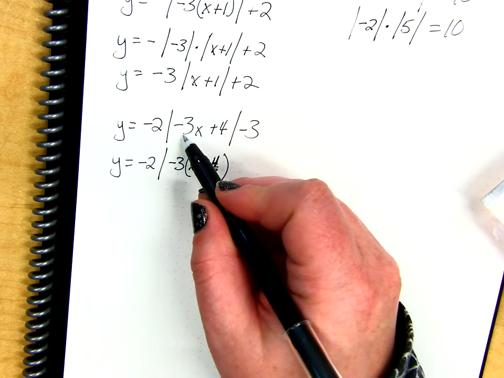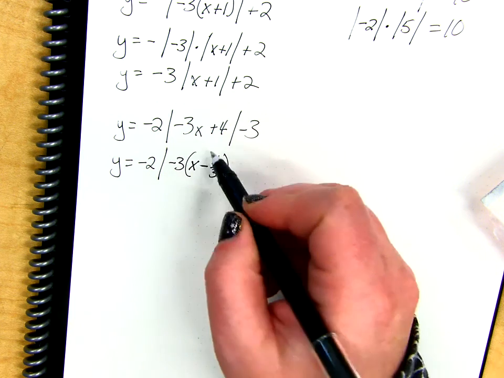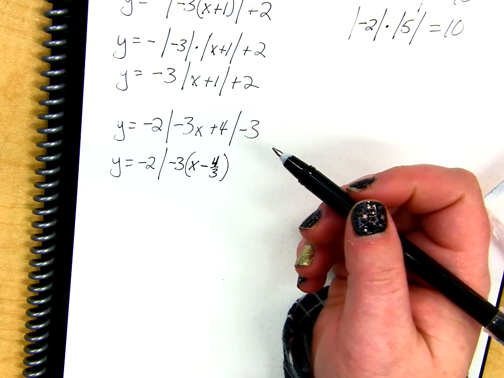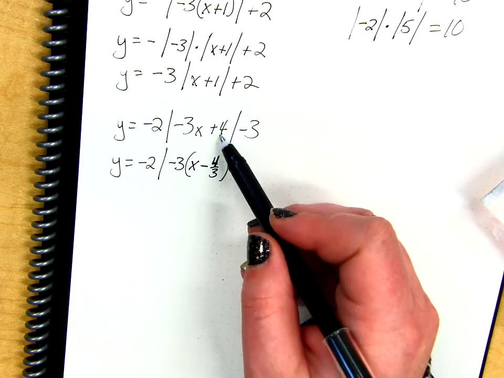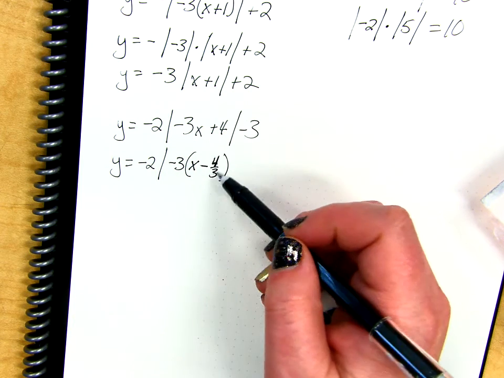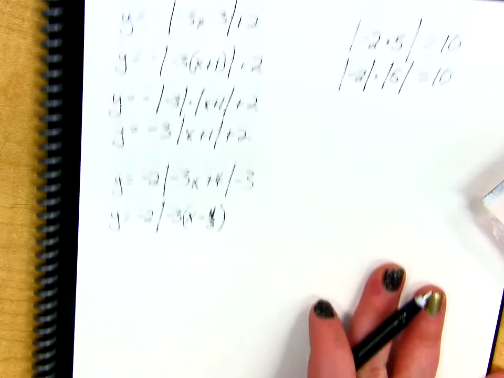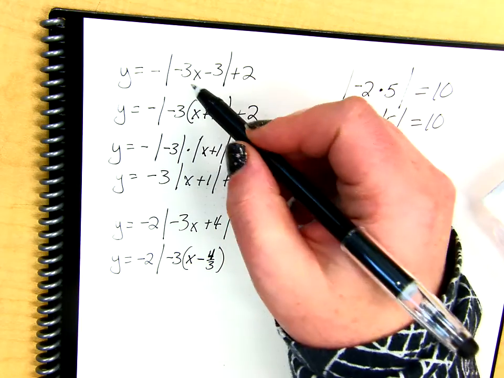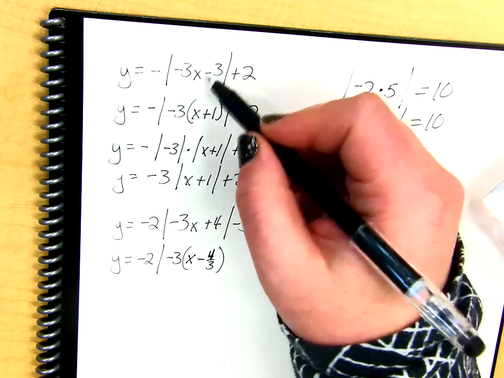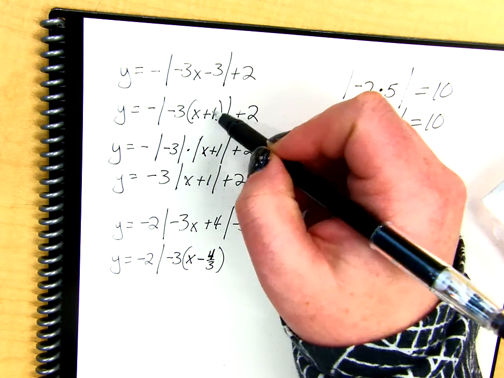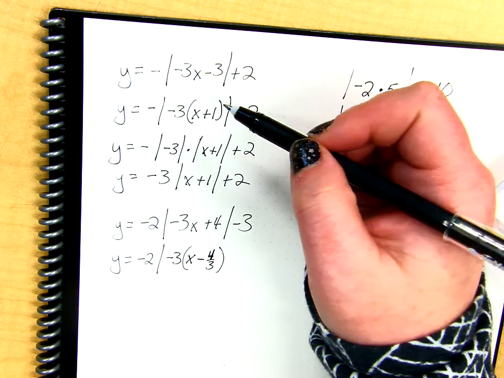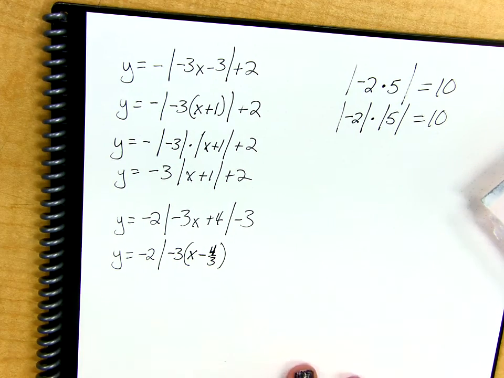Guys, all you're really doing is taking whatever that coefficient is and dividing each one of these things by it. You just take the negative 3 and divide it by 4, and that gets you your number over here. Same thing you did up here, you just didn't even realize it. Negative 3 divided by negative 3 gets me a positive 1.